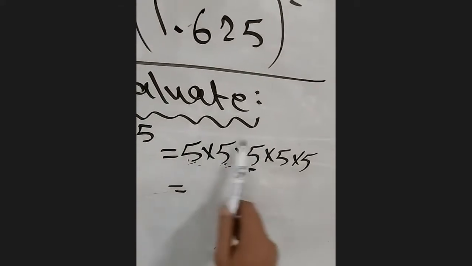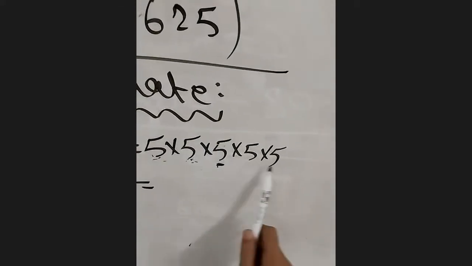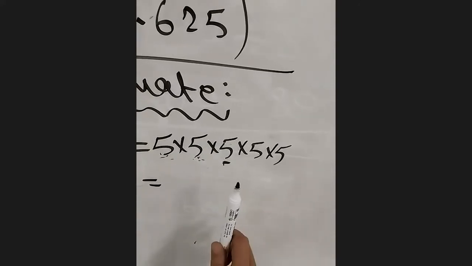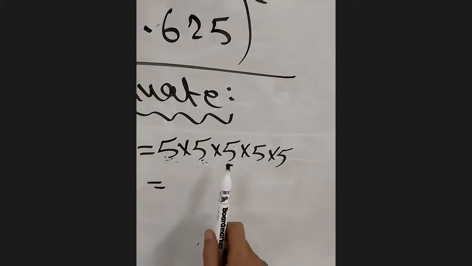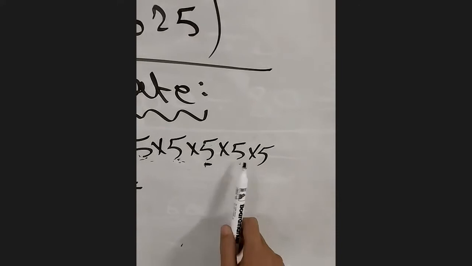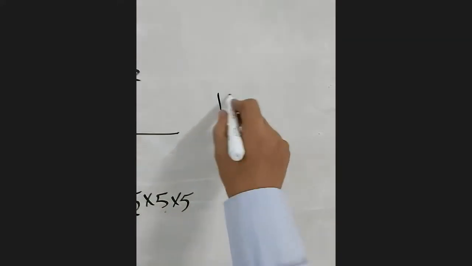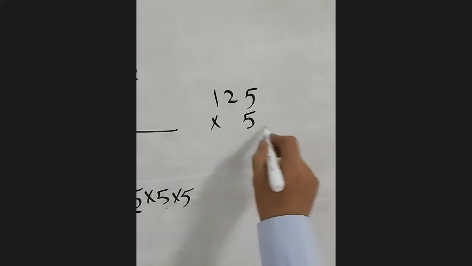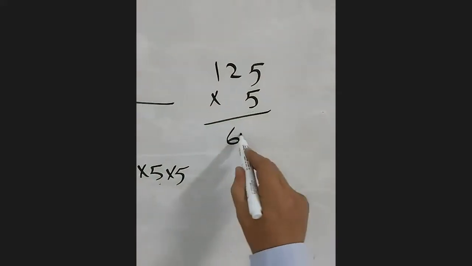Now we have used 3 fives, right? Still 2 fives. Now 125, multiply the fourth 5. Let's do it together. 625. Mumtaz, 625.